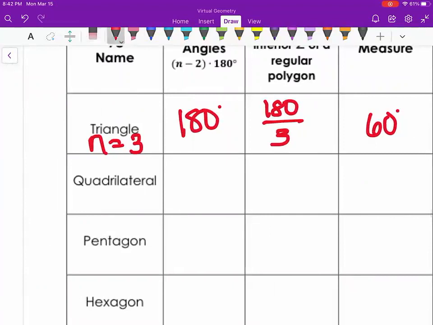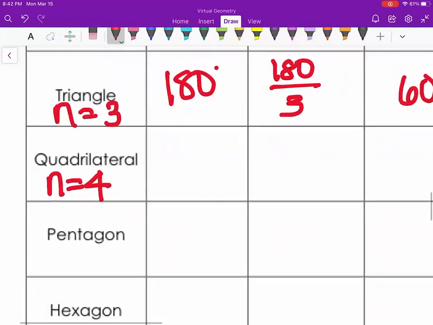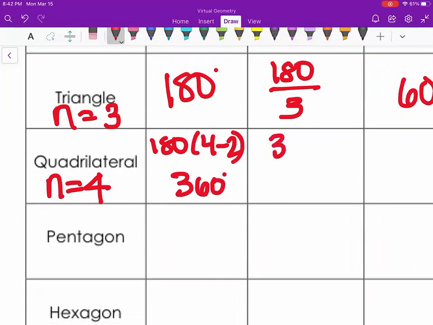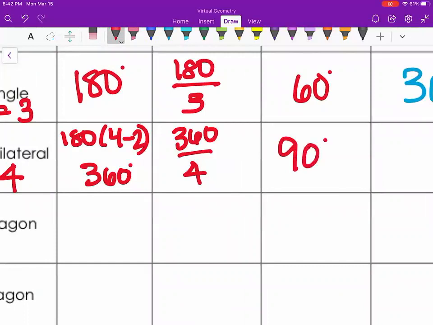All right, let's try quadrilateral, which means, if you remember from middle school, n is 4. Now we can use our formula: 180 times 4 minus 2 is 360. To get each individual angle, if they're all the same, 360 divided by 4, which means each one is 90 degrees.